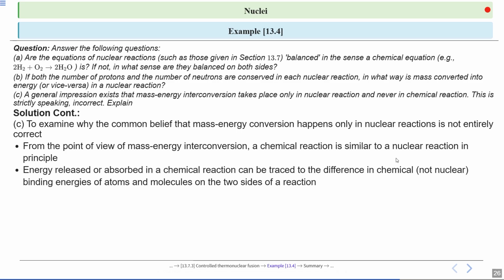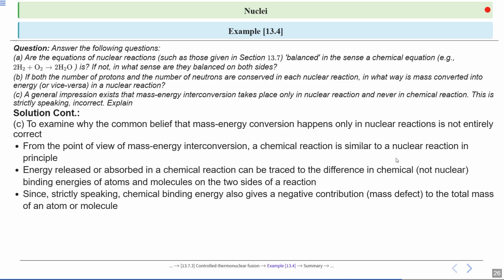The energy released or absorbed in a chemical reaction comes from the difference in chemical binding energies between the reactants and the products. Chemical binding energy is the energy that holds atoms together in molecules. When this energy changes, it can result in either the release or absorption of energy.